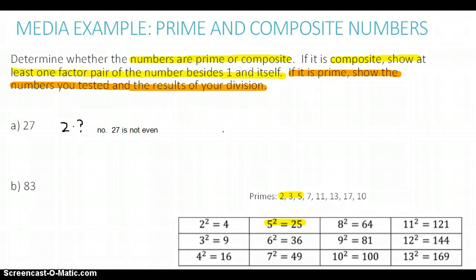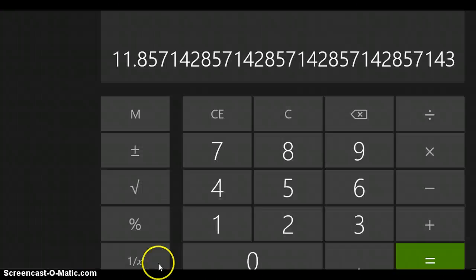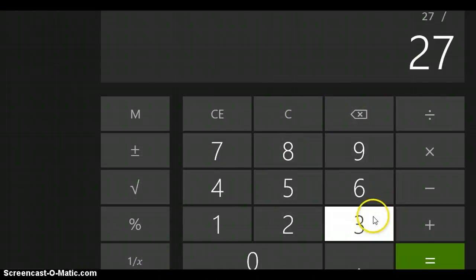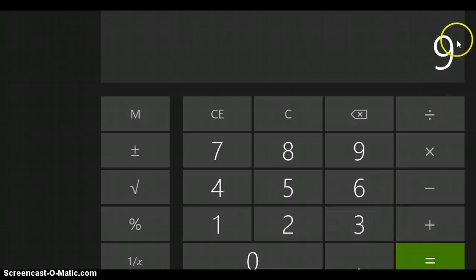Now we can check 3. Is 27 divisible by 3, or is 3 a factor of 27? Let's go to the calculator. You probably know this multiplication fact, but notice if we divide 27 by 3, we get 9 with no remainder.